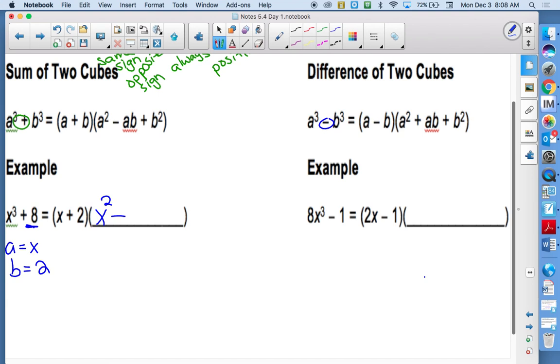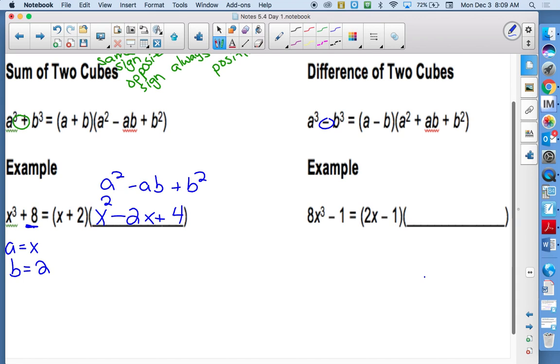Well, x times 2 is 2x. There's a minus there because SOAP says it's supposed to be the same and then the opposite, and then always positive, and the last one is b squared. Well, 2 squared is 4. So this is a squared minus ab plus b squared.